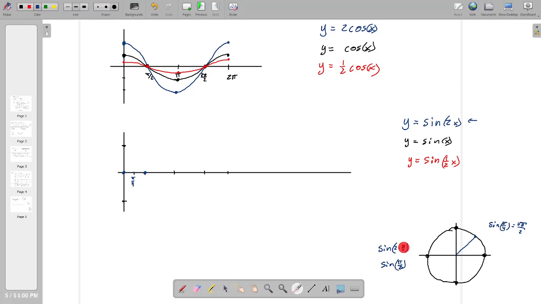When we plug in pi over 4 for t, or for x in this case, it gets multiplied by 2, so we're actually checking the sine of pi over 2, which is here, not here. Right? And the sine of this value is 1. So we go all the way up to 1 here. Same thing happens at 3 pi over 4. At 3 pi over 4, we get a -1 instead.